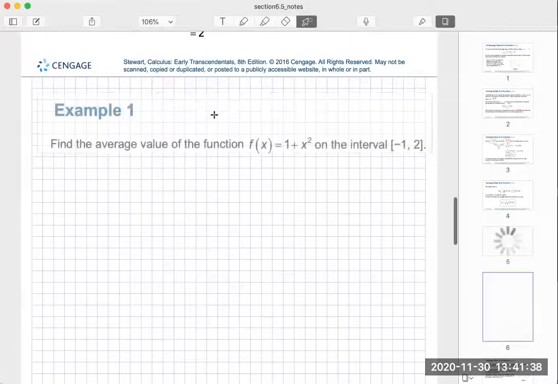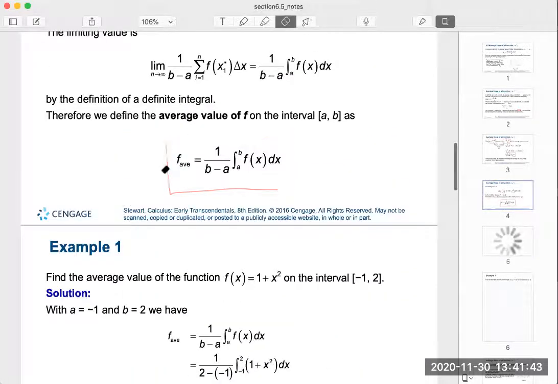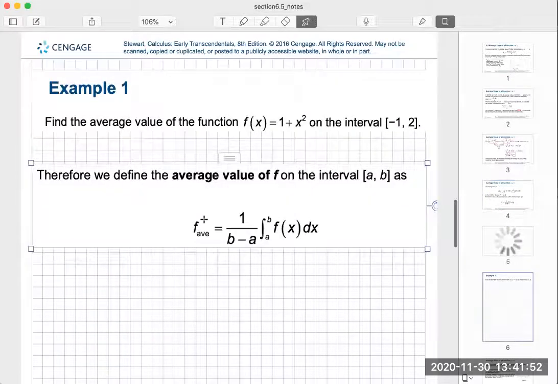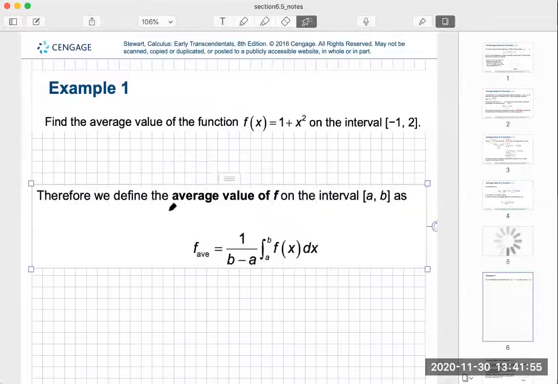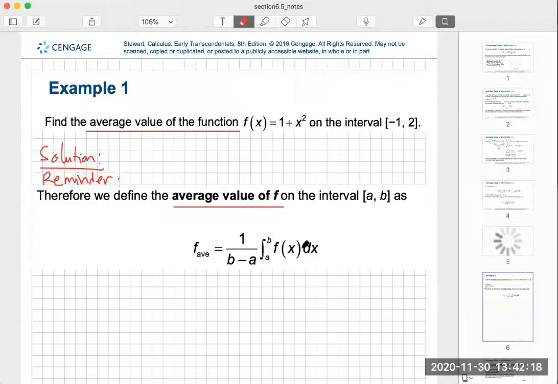This is the question. And what we know here is the average value formula. We are asked to find the average value of the function.